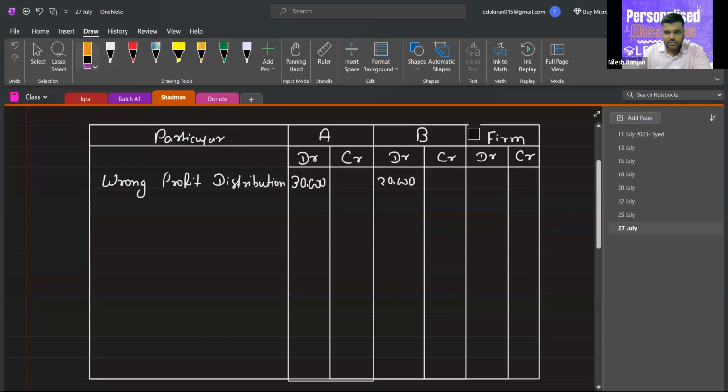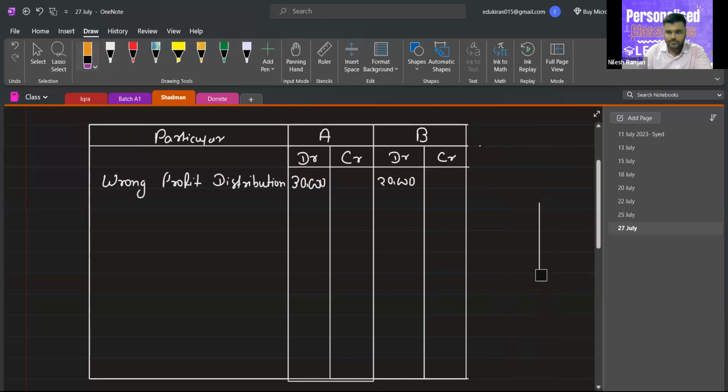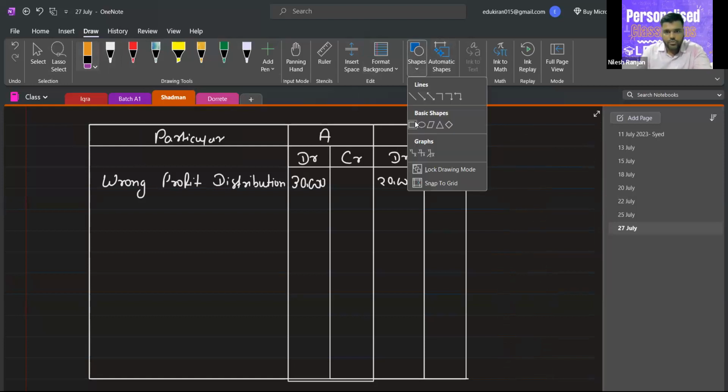So we have to change our format a little bit.